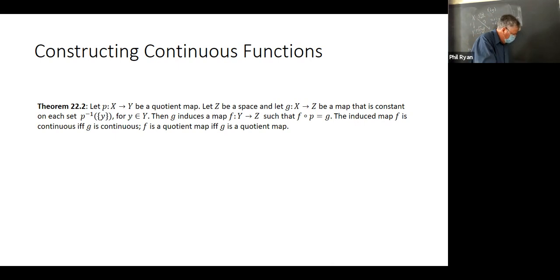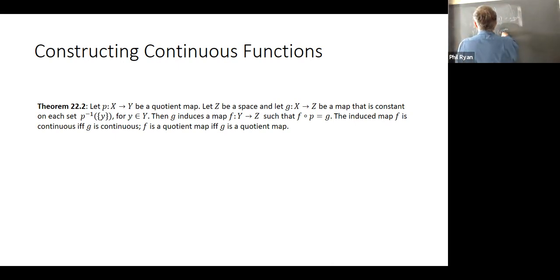And we can do the same thing with quotient maps. F is a quotient map if and only if g is a quotient map. Well, if f is a quotient map, then g is the composition of two quotient maps. And if g is a quotient map, then g is surjective, f is surjective, and you can do the same thing with what we did here, where you've got the open sets.